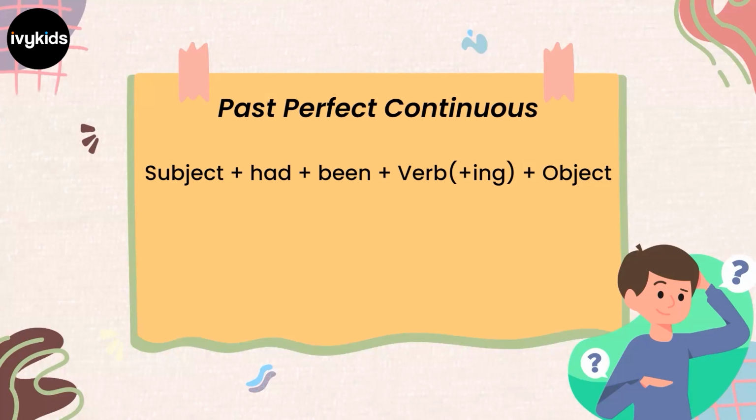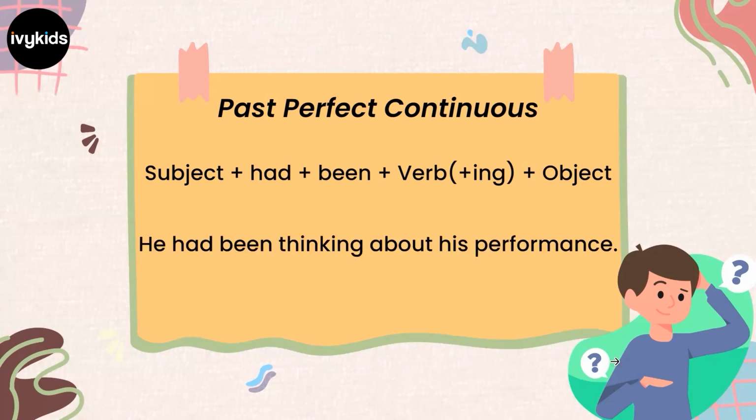Let's have a look at this example. He had been thinking about his performance. The sentence indicates an action in the past that took place before this present moment. Right? And it's still going on.